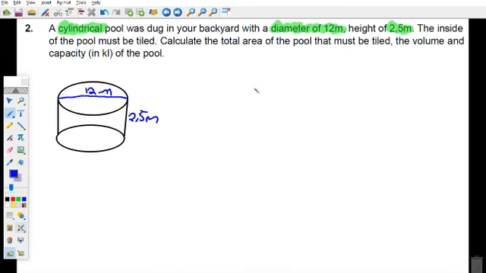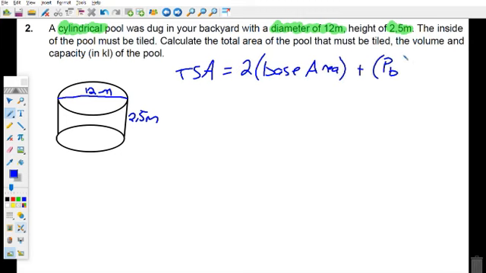So have a look here. My total surface area formula usually looks like this: 2 times my base area, plus my perimeter of my base times my height. But now we only need to tile the bottom of the pool. You can't tile the top of the pool because then it's not a pool.